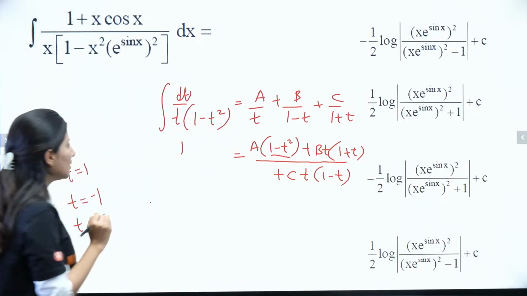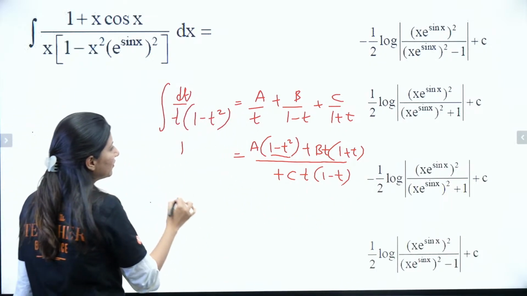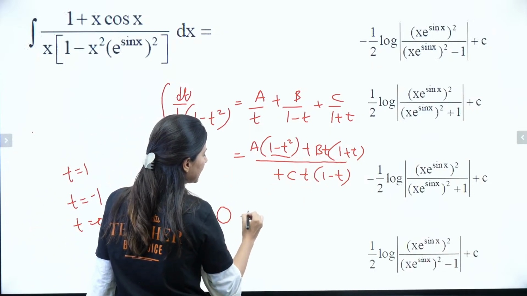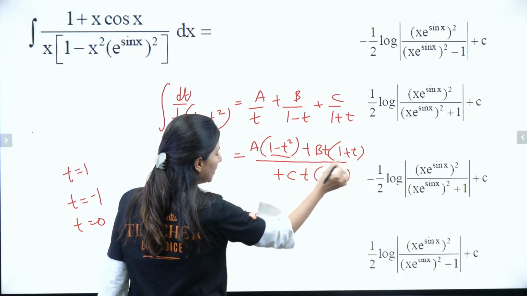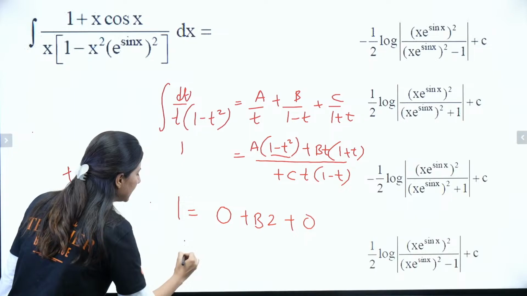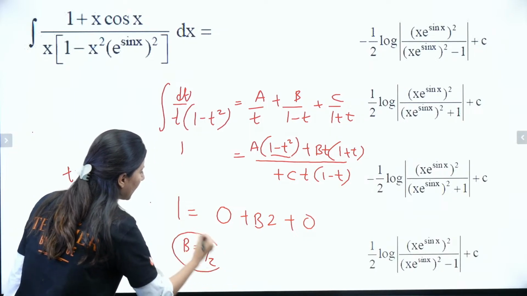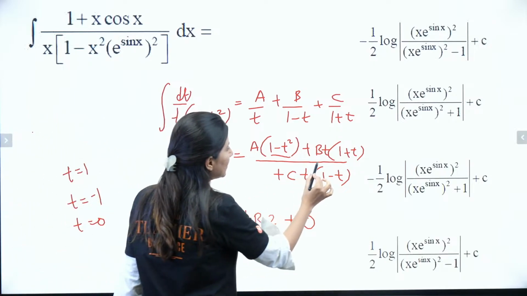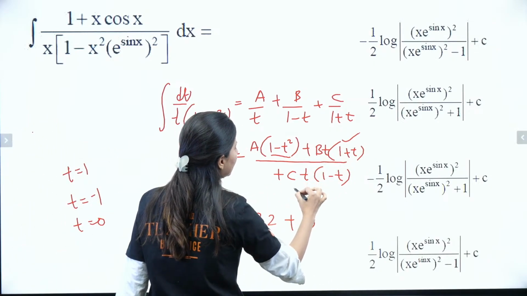So you put t equals 1. On the left hand side, I'm going to get 1. This is your 0. This is your plus B times, the moment you put 1, so this is 2, plus this is your 0. Right? So clearly B is equal to half. The moment you put t equals 0, then what will you get? T equals 0 means this is also gone and this is also gone.